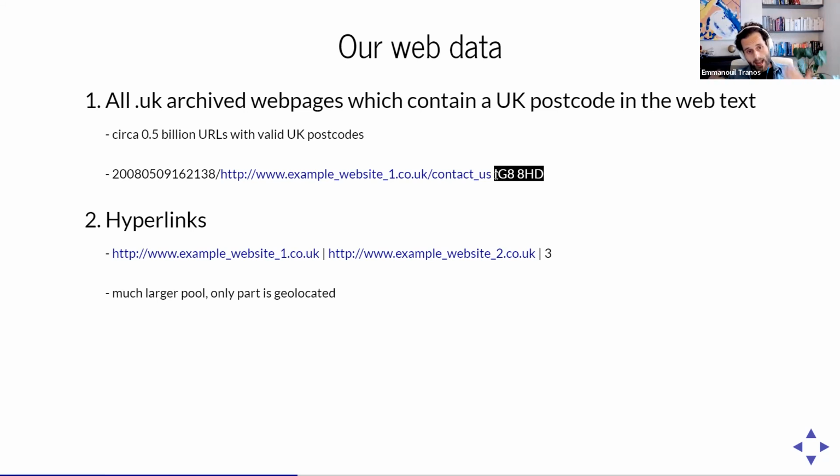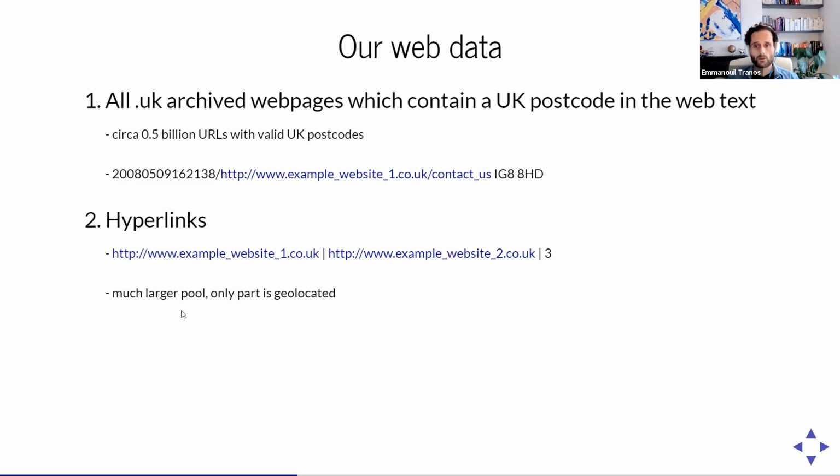So we're able to geolocate these web pages using mentions of UK postcodes within the text. So we have spatial information, and we also have the temporal information based on the timestamp. This is the first data set we use.